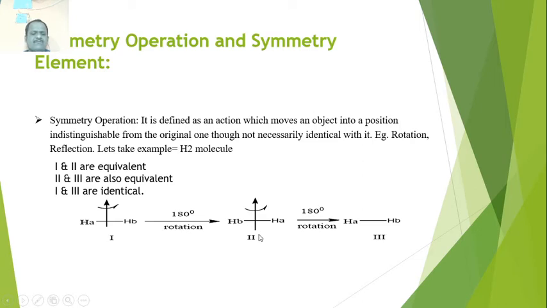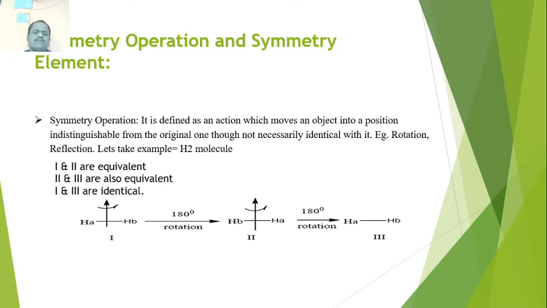So the first configuration and second configuration are equivalent. When you rotate this molecule by 180 degrees in forward or backward direction, you will get an indistinguishable configuration. That means this molecule possesses symmetry.